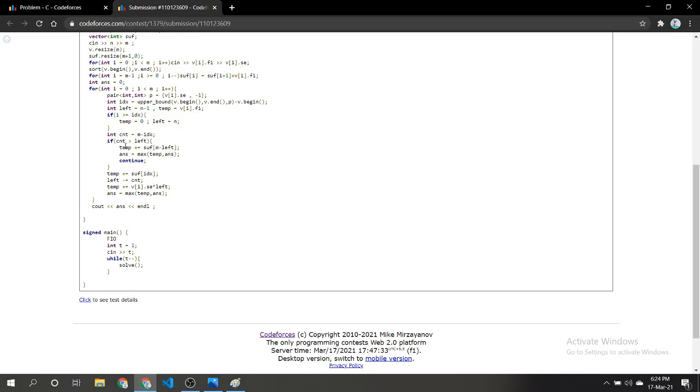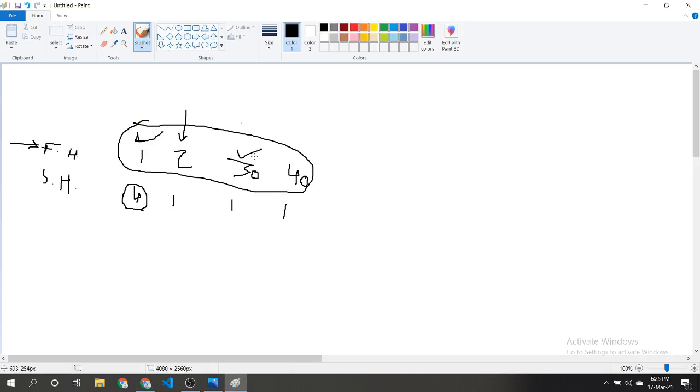If my count is greater than left, the number of elements we have to buy, I will just add the suffix of the last of these elements. Let's say I am here and I have to buy only two flowers, and my count is 3.